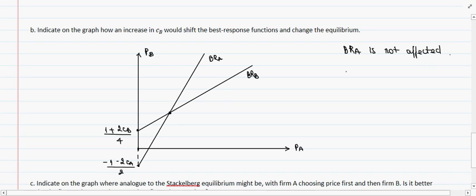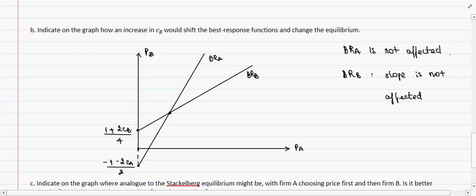Now the best response function for firm B, as you can see, has a slope equal to a half, so it's not going to be affected by CB. Therefore the slope of the best response function is going to remain the same, no matter what value CB takes.